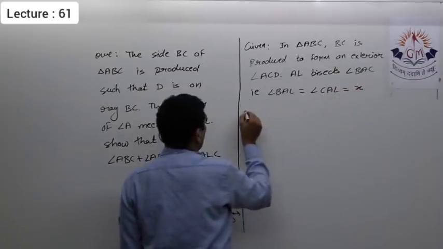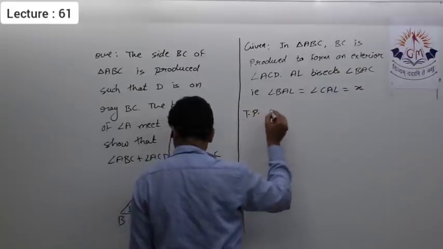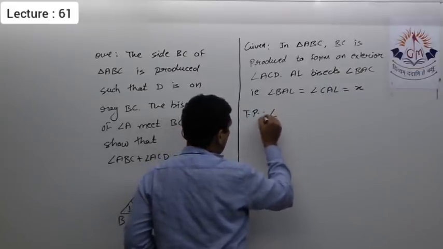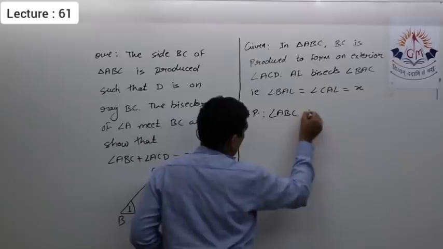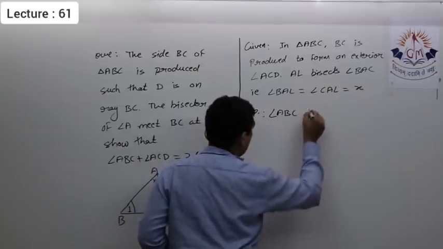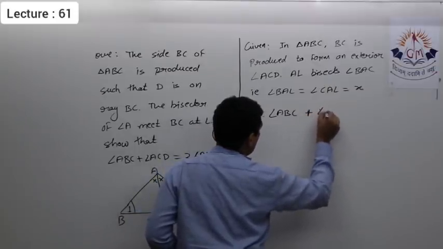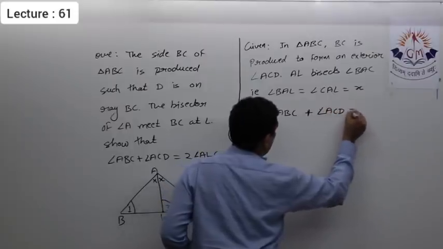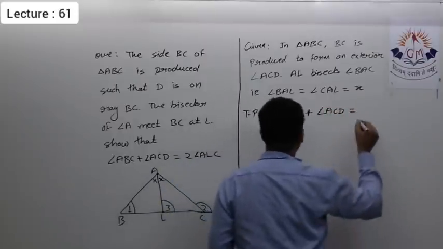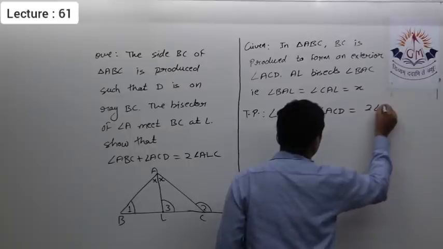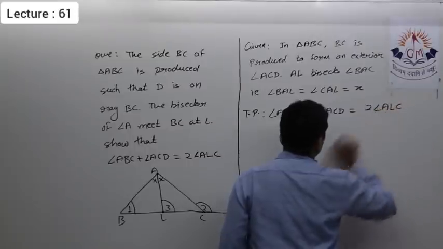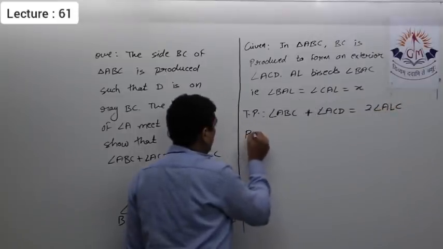That is given. What we have to prove? To prove angle ABC plus angle ACD is equal to twice of angle ALC. That we have to prove. Let us see its proof.